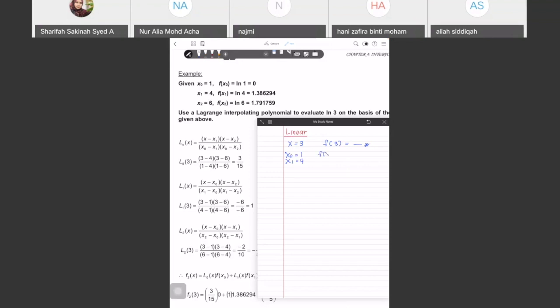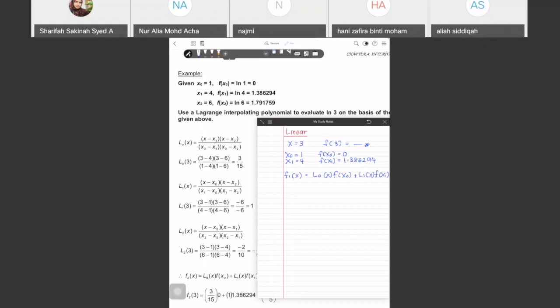So we know that x naught equal to 0, x1 equal to 1. In order to use Lagrange interpolating, usually you have a function, but right now the function is represented by L naught of x naught, x1.